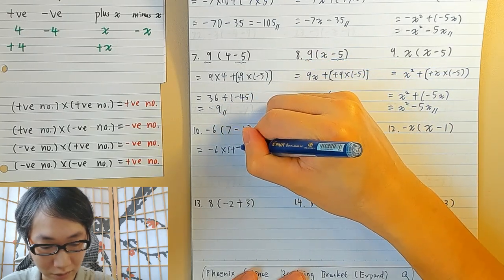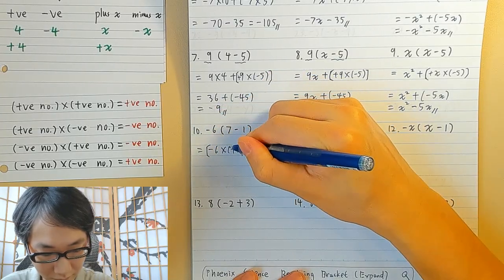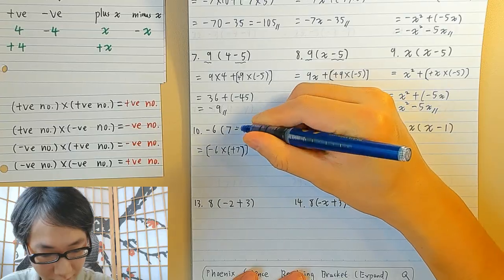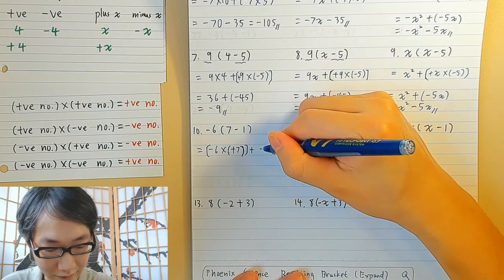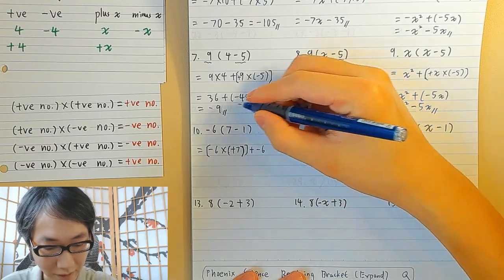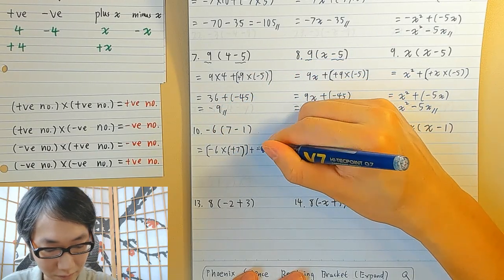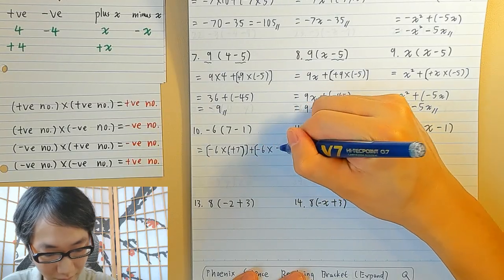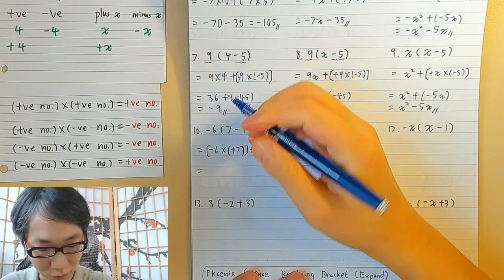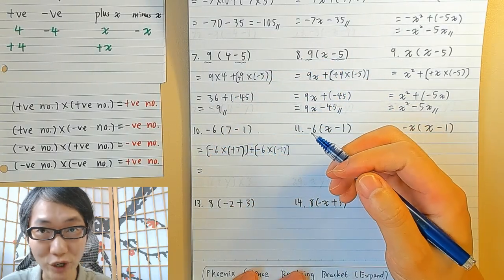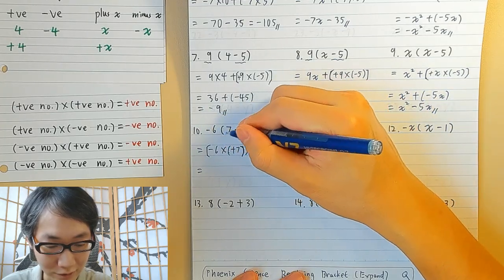Times positive 7, this small bracket, and negative 6 times negative 1. To the first term, do not put a bracket, it will be quite clumsy. I just want to show you everything if possible.